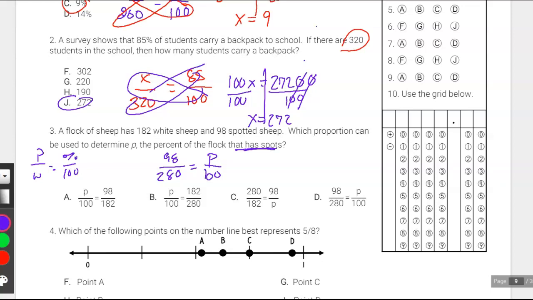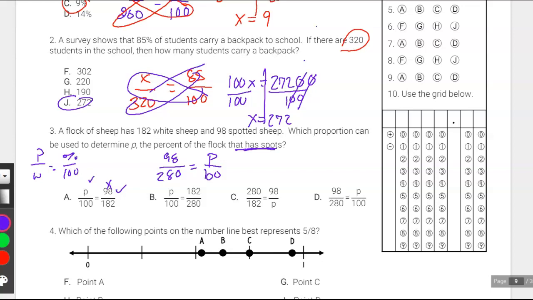And now I don't have to solve it. I just have to see which of these line up this way. So my P and my 100, my 98 and my P, 100 and 280, 98 and 280. So let's see. Percent and 100, that lines up. Percent and 98, that lines up. 98 and 180, oh, that does not line up.